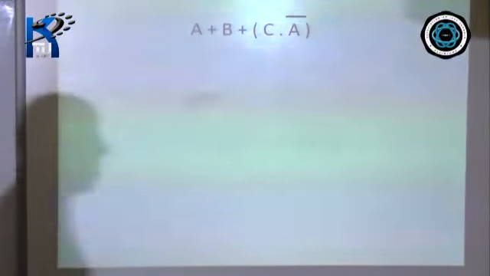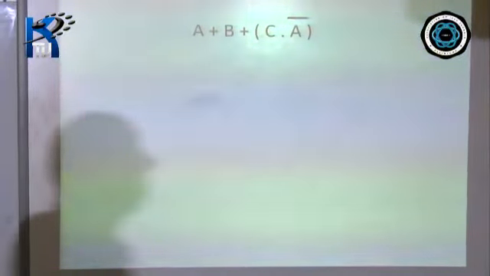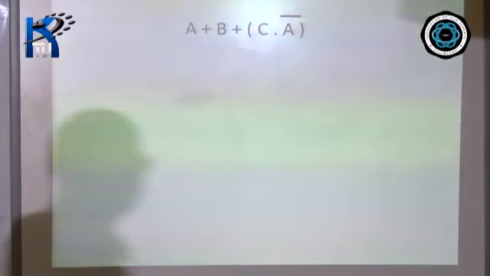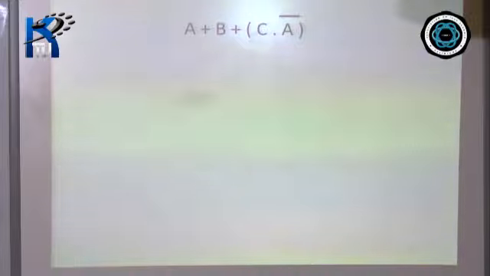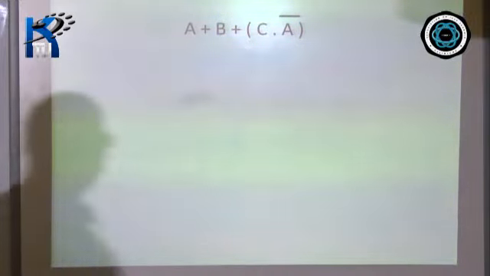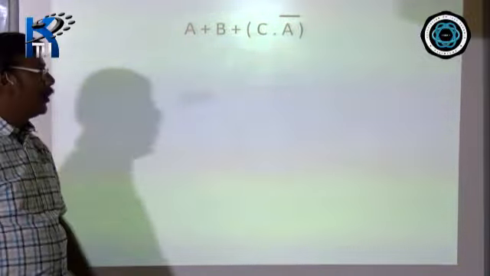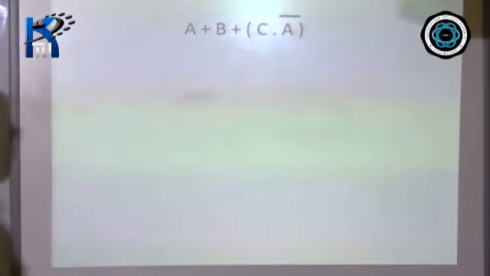Now we had this Boolean expression last class also. In last class we had drawn the Boolean gate, logic circuit or logic diagram. Today we will draw the truth table for this. Fine? Now we know that A, B, C, these are called the Boolean variables or Boolean literals or Boolean inputs.